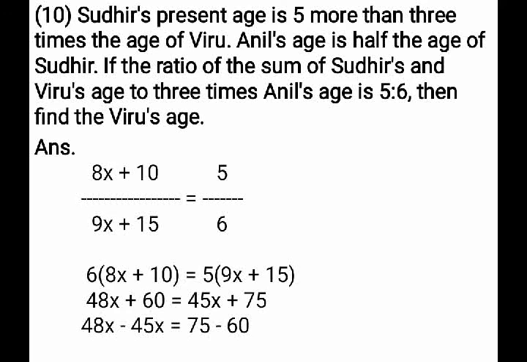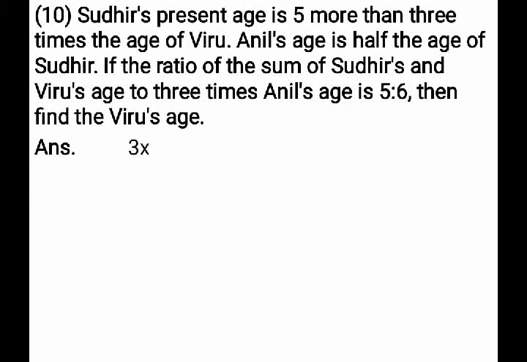45x which is on the right side, when you are taking it on the left side, plus 45x becomes minus 45x. 48x minus 45x, how much? 3x is equal to 75 minus 60, how much? This subtraction you can do it orally. 75 minus 60 is 15.